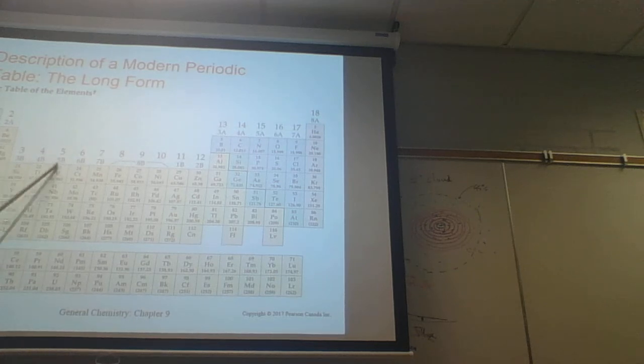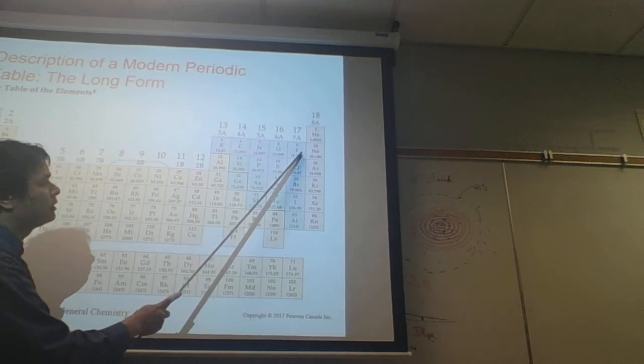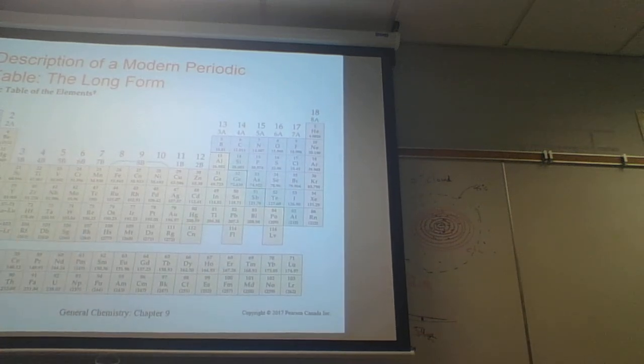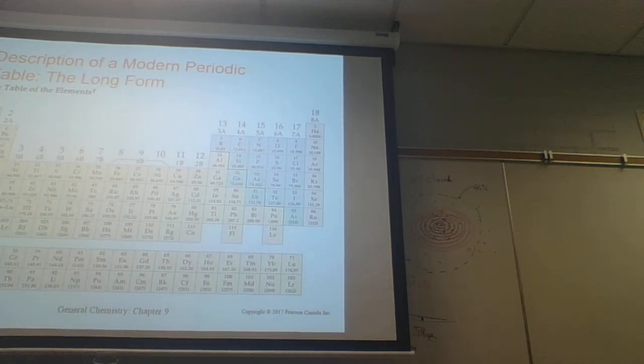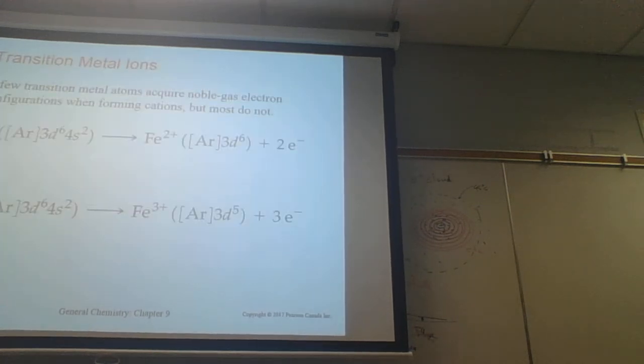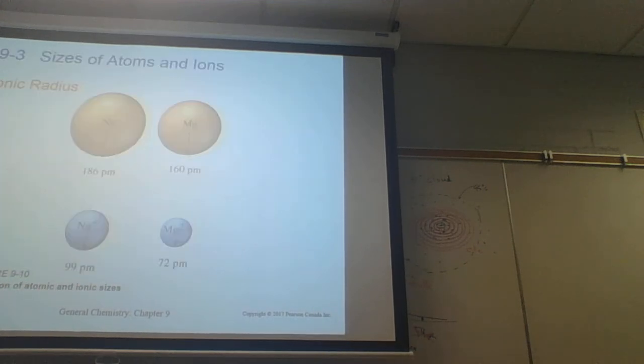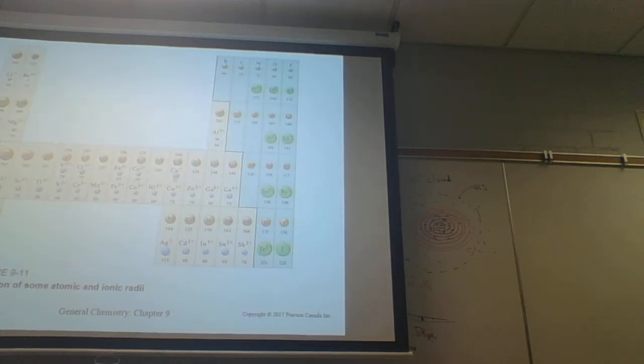As we go across the periodic table like this, lithium, beryllium, boron, carbon, nitrogen, oxygen, fluorine, lithium is big. Fluorine is small. Hard to see there. Let's show you a better figure. Here. So lithium's big, fluorine's small.